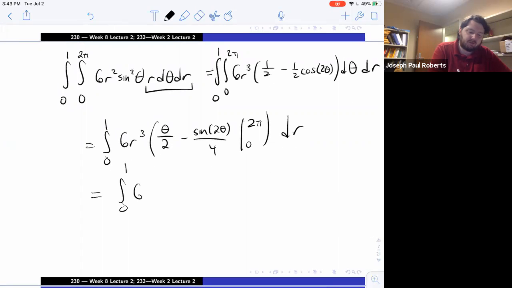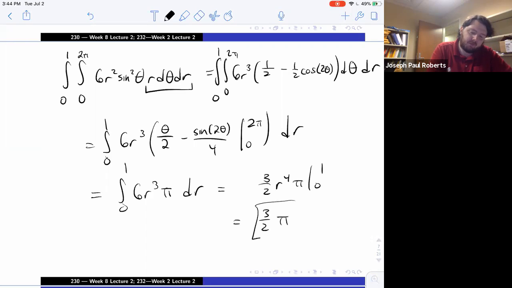So 0 to 1, 6r cubed pi dr. Because sine of 4 pi and sine of 0 are both 0. So you get 3/2 r to the 4th pi, 0 to 1. So 3/2 pi is our answer.